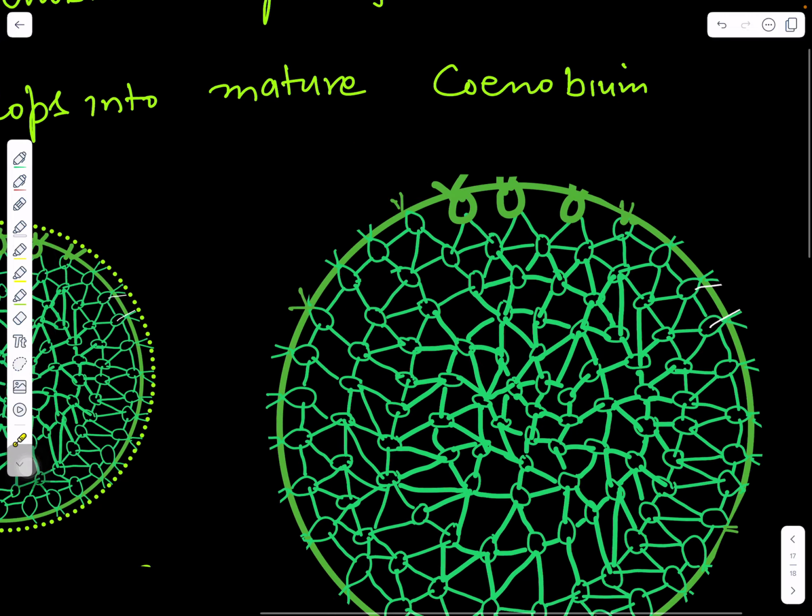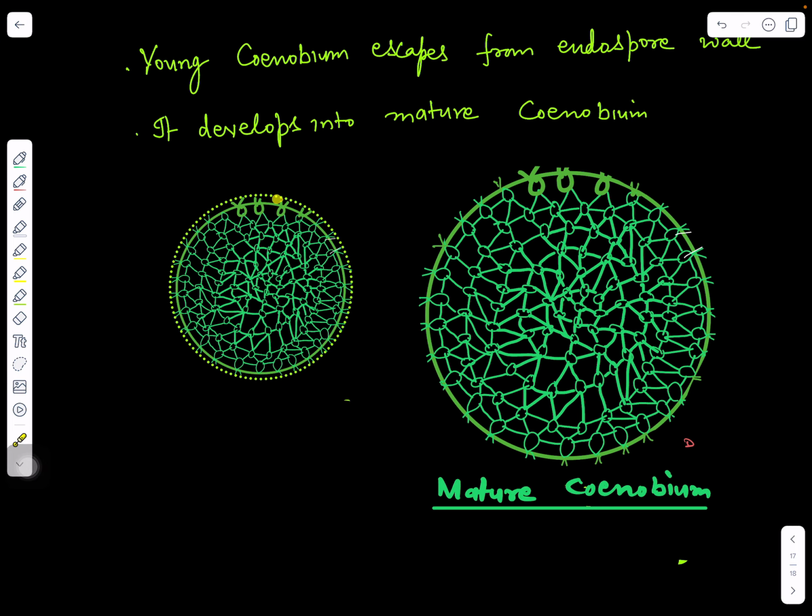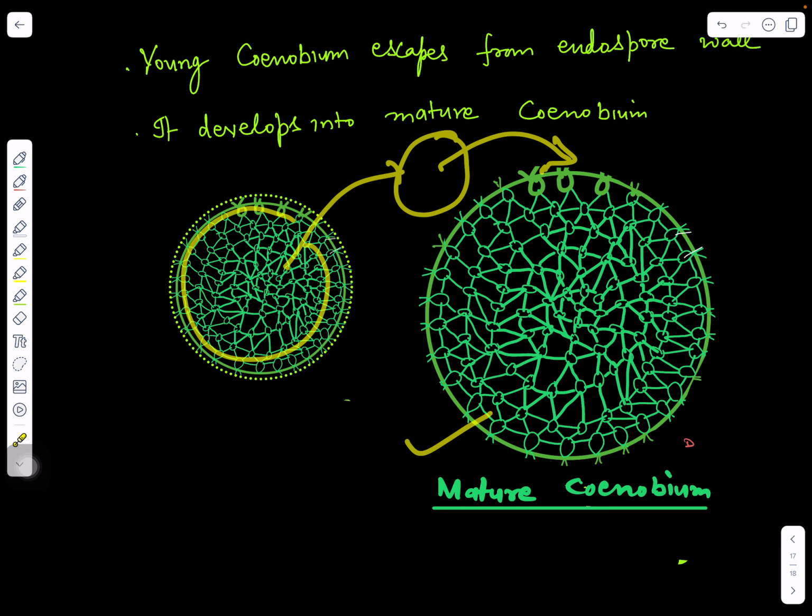We can see here when it is enclosed inside the vesicle, this outermost wall which is called endospore vesicle will again rupture or degenerate, and the coenobium will migrate toward the outer side, and after doing photosynthesis and getting nourishment, it will develop into a mature coenobium.